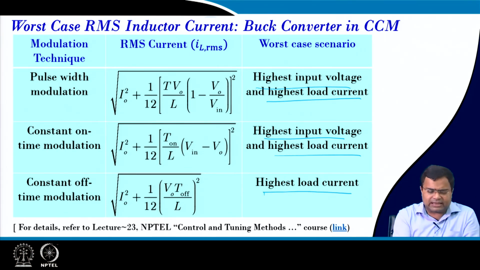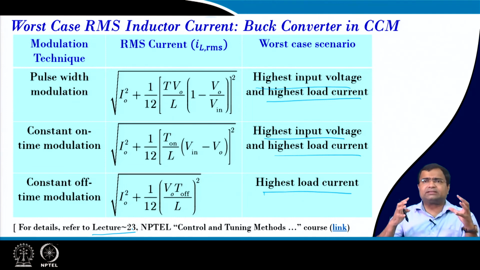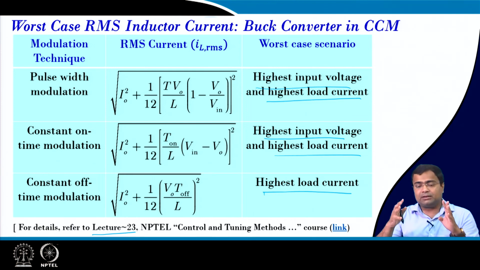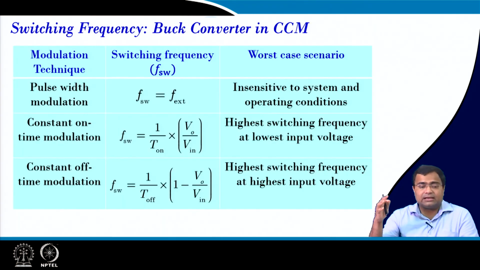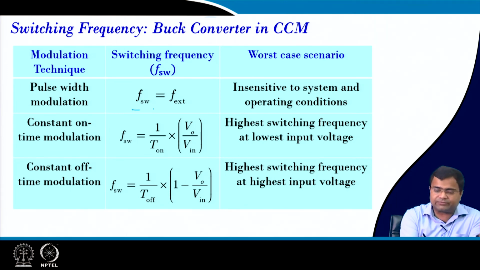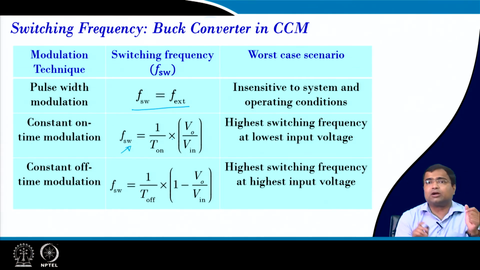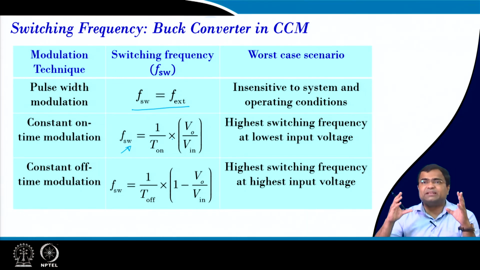And we have discussed in lecture number 23 various ripple characteristics, and we saw such variation in the ripple may not be acceptable when there is a switching frequency variation, and this is exactly what we are discussing. Under fixed frequency, the switching frequency is fixed. Then under constant on time modulation, the switching frequency depends on the input voltage and output voltage, so we need to take special care.